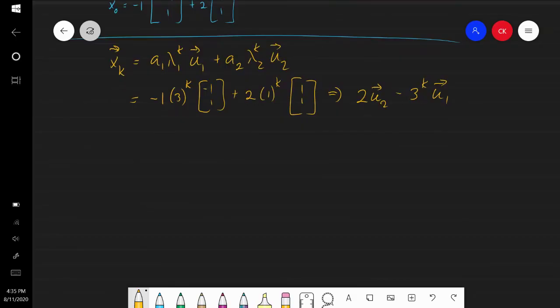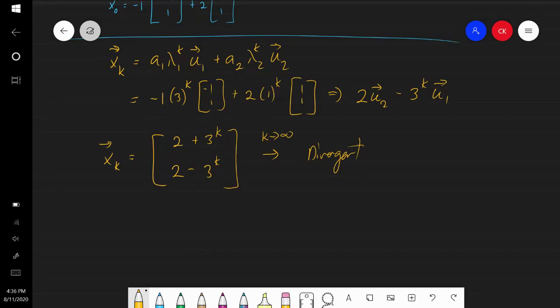Or if we combine this all together and write it out as a vector, we get x sub k being equal to the vector (2 plus 3 to the k, 2 minus 3 to the k). And this, if we let k go to infinity, is divergent. Just using our general understanding of sequences from third quarter calculus.